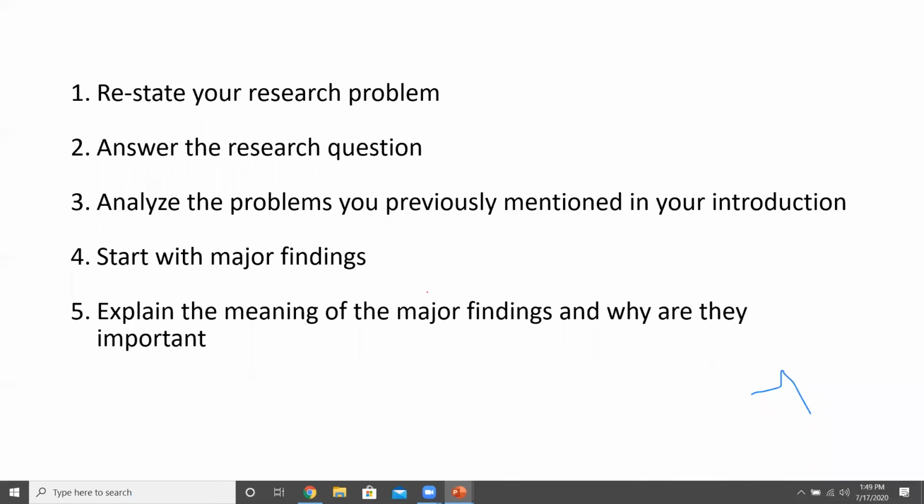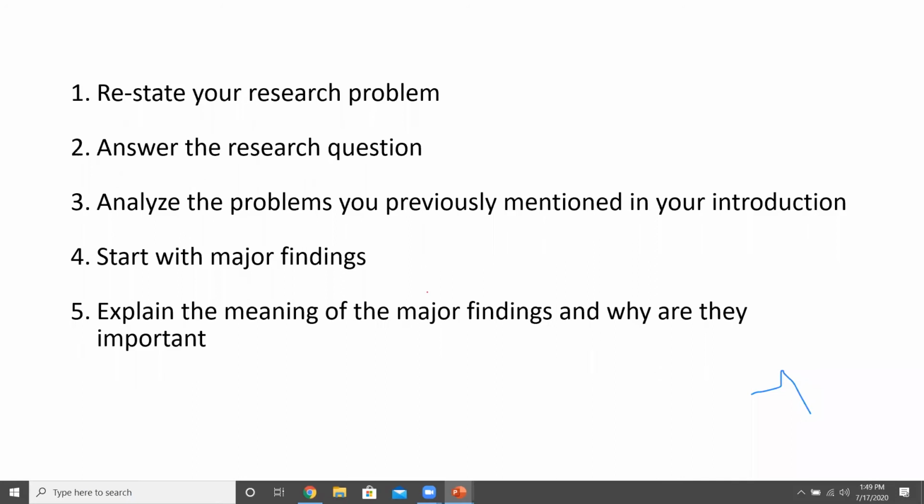Number 3, analyze the problem you previously mentioned in your introduction. In the introduction part, you usually display the problems that you propose in your research and you propose to find answers to.